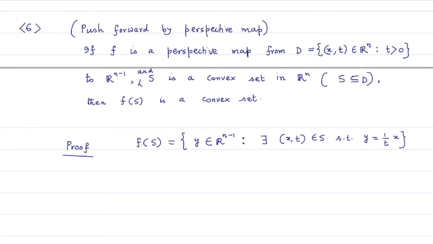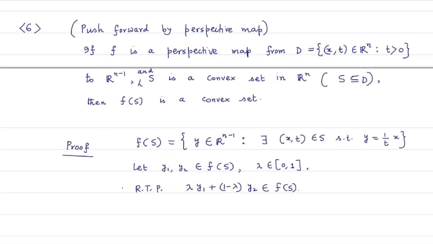Now to prove this set F(S) to be convex, let us consider any pair of points, say y1 and y2, inside the set F(S), and let us pick any real number lambda in between 0 and 1. We will show that lambda y1 plus (1 minus lambda) y2 is inside the set F(S).